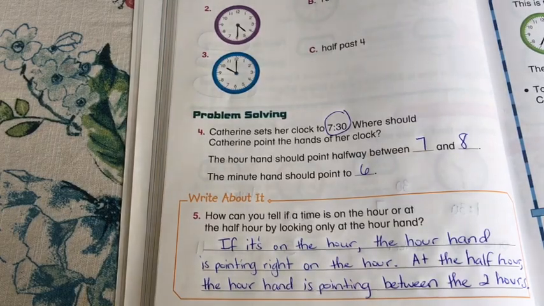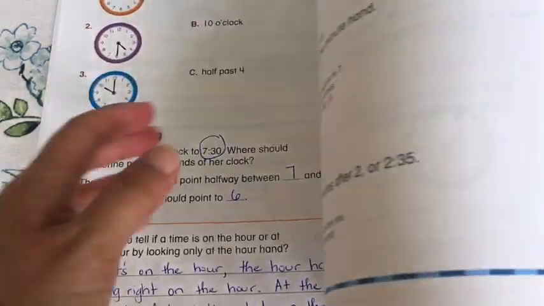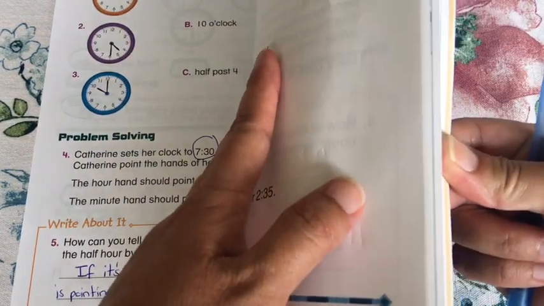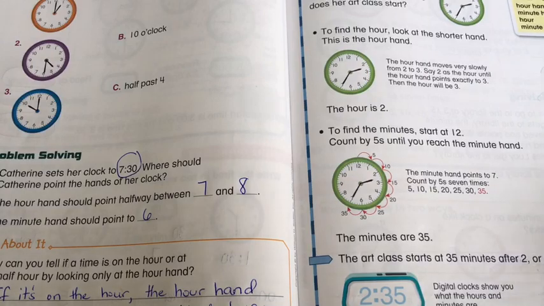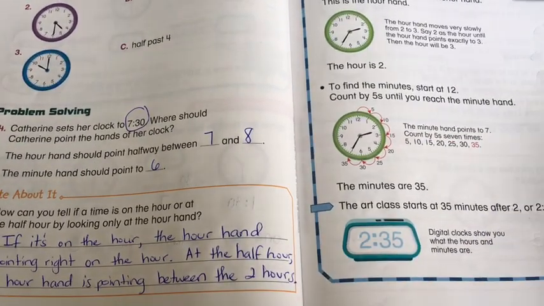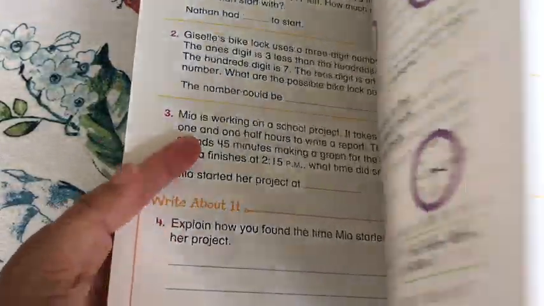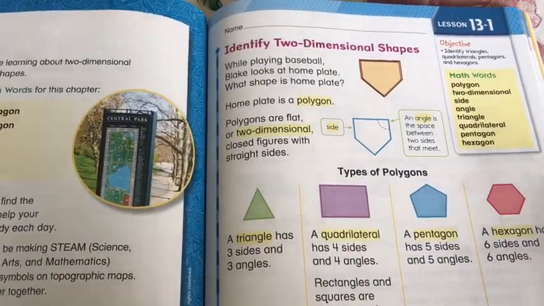This is the end. Just remember, there are a few lessons left, and if you like, you should do them over the summer just to become better acquainted with anything that will help you for next year. All right, so you can finish up the lessons on time. And then there's some lessons on shapes. There's not a lot.